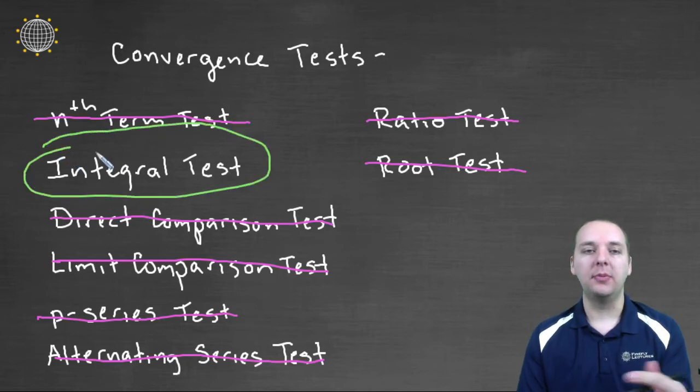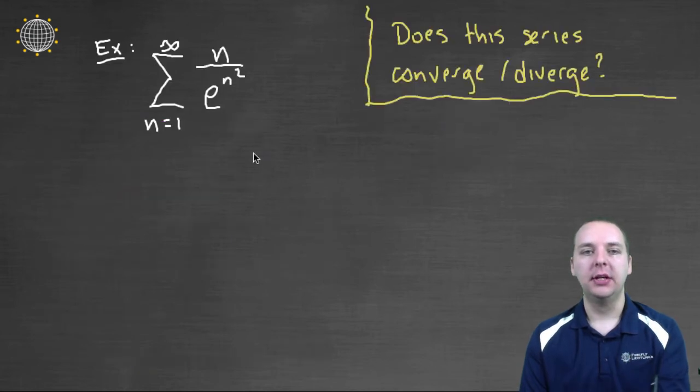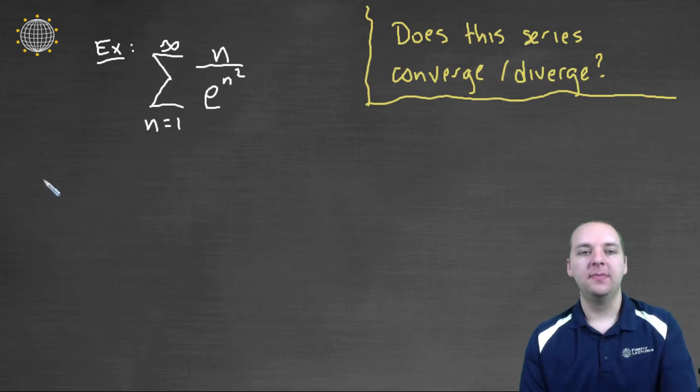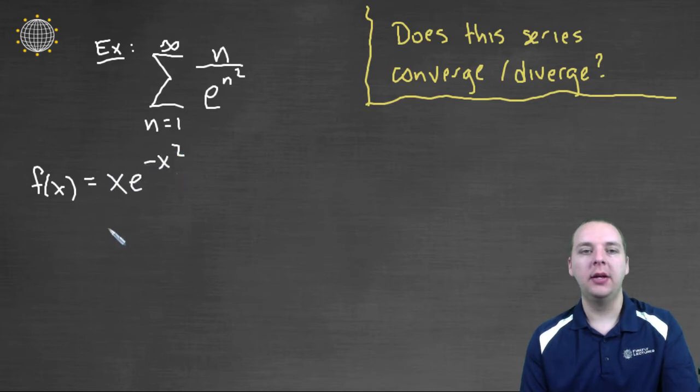When you work problems, I encourage you to use the same approach. Think about all of your tests, and then start excluding ones that don't seem practical, and then examine a little closer the remaining ones that do seem like a possible choice. Let's write the equivalent continuous function: x e to the negative x squared.